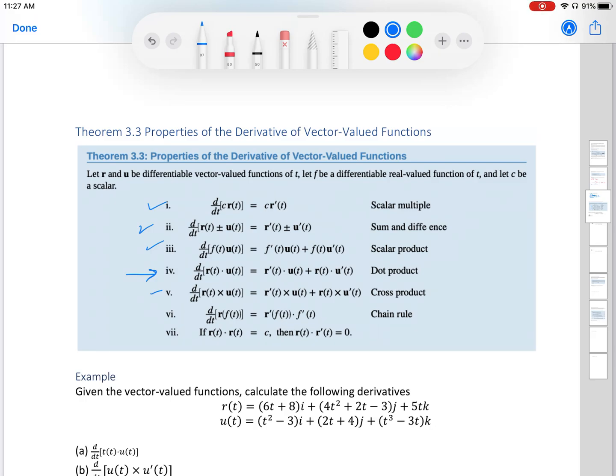That's your chain rule. And lastly, the dot product of r of t and r of t will result in a scalar, a constant. And the dot product of a function and its derivative is equal to 0. So r of t dot product r prime of t will result in 0. And we're going to use this one in one of our examples. So this is where you saw it first.